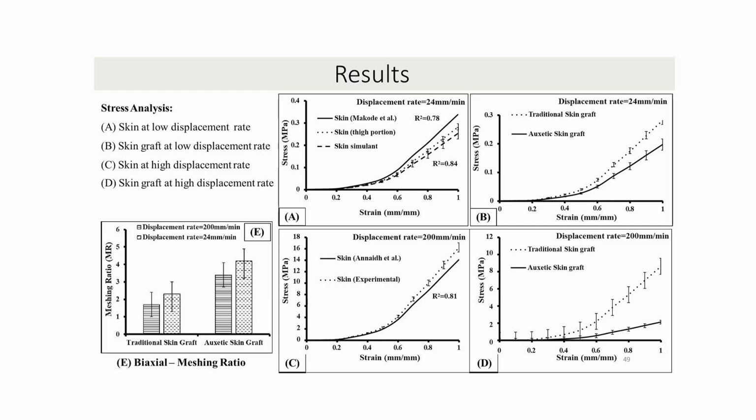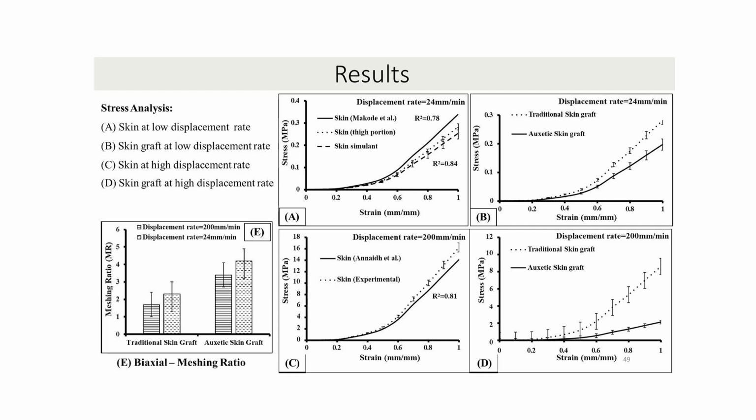At a low strain rate there is a slight difference, but at a high strain rate there's a huge difference between the traditional skin graft and the auxetic skin graft. What we observe here is that the stresses in a traditional skin graft are significantly higher than in the auxetic skin grafts, which is a positive. In the auxetic skin grafts, the lower the stresses, the better it is in terms of expansion.